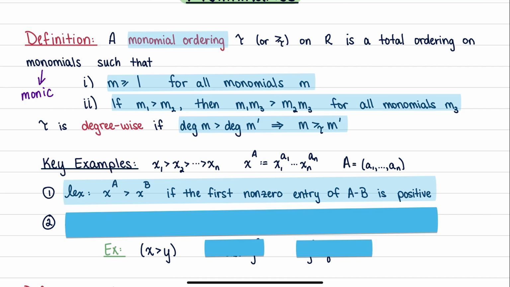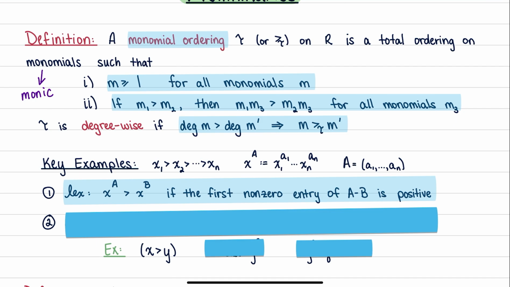Whichever monomial has more of that variable, that's the larger one. So if I look at this largest variable and it doesn't appear anywhere, I go to the next largest. If I look at this next largest and they both have the same amount of that one, I go to the next one, and I go until I find where one monomial has more of that largest variable.